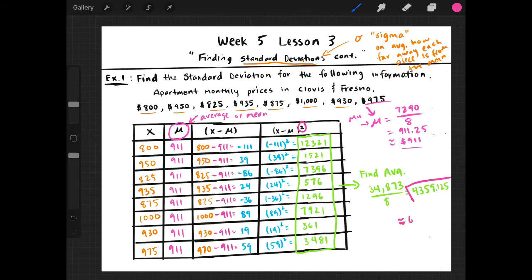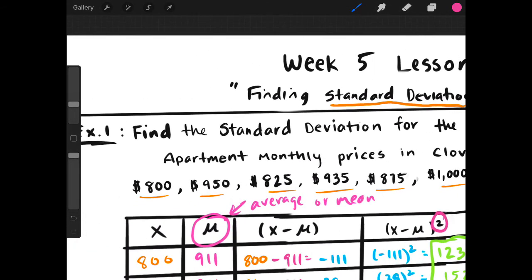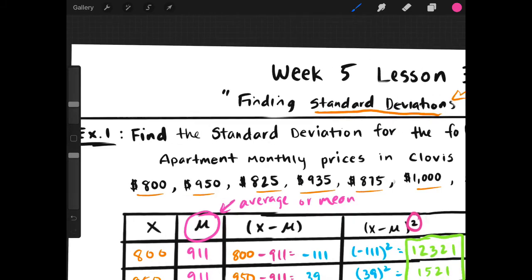That gives us approximately 66, and we'll go 0.02 because we're talking about money here. That's our standard deviation, $66.02 approximately.